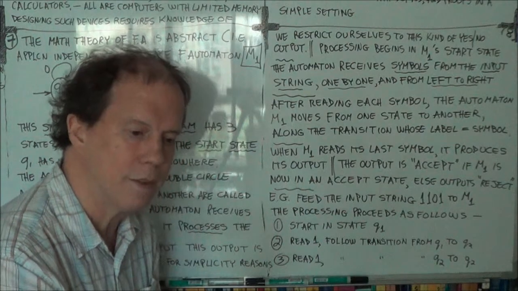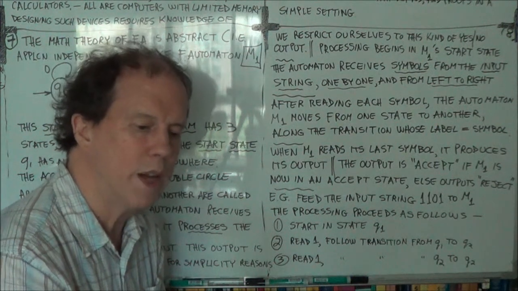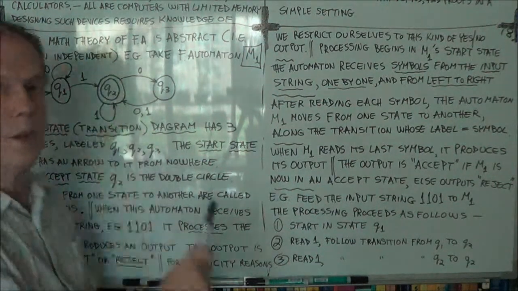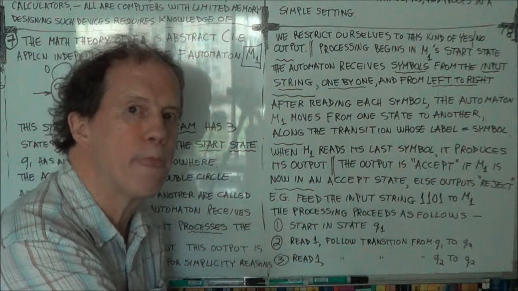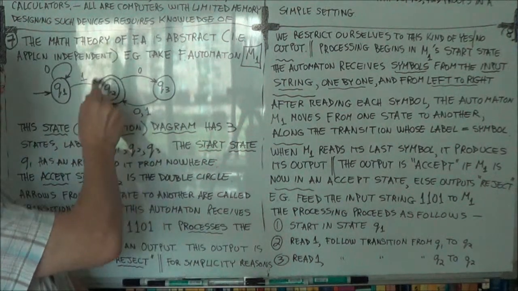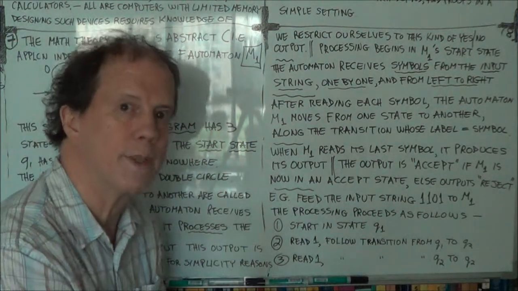Last state, that last current state, if it is one of the accept states, in other words, with two circles, then the decision it outputs will be accept. Right? Now you know why this state is called an accept state.